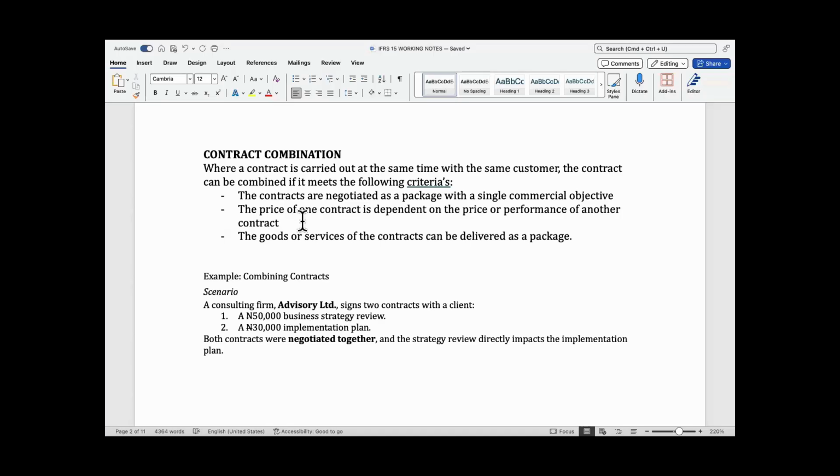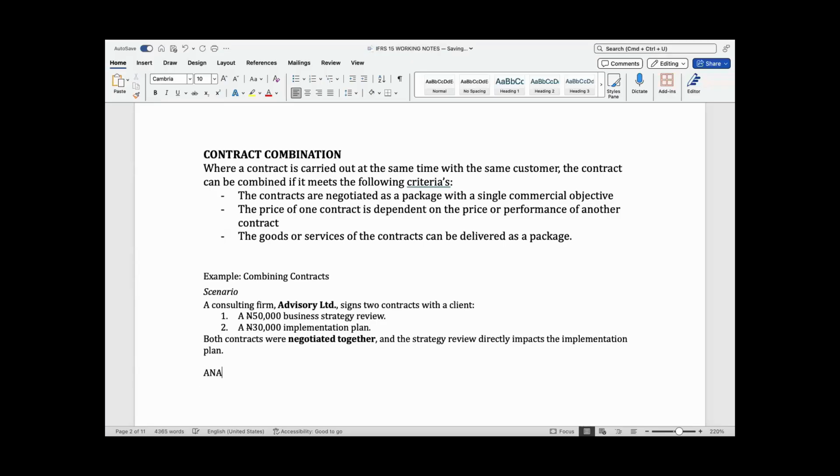Now, let's look at this example. If you have a consulting firm, Advisory Limited, he signs two contracts with a client. A 50,000 business strategy review and a 30,000 implementation plan. We're now told that both contracts were negotiated together and the strategy review directly impacts the implementation plan.